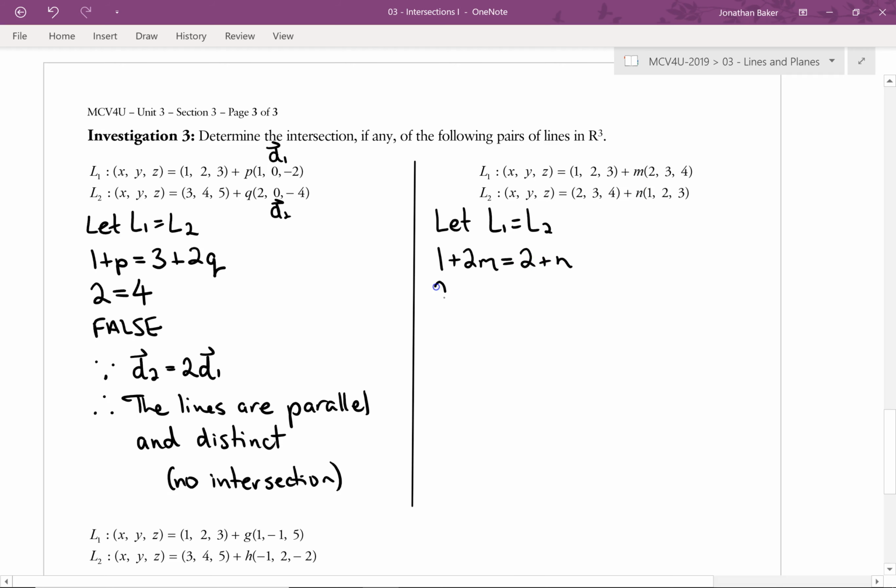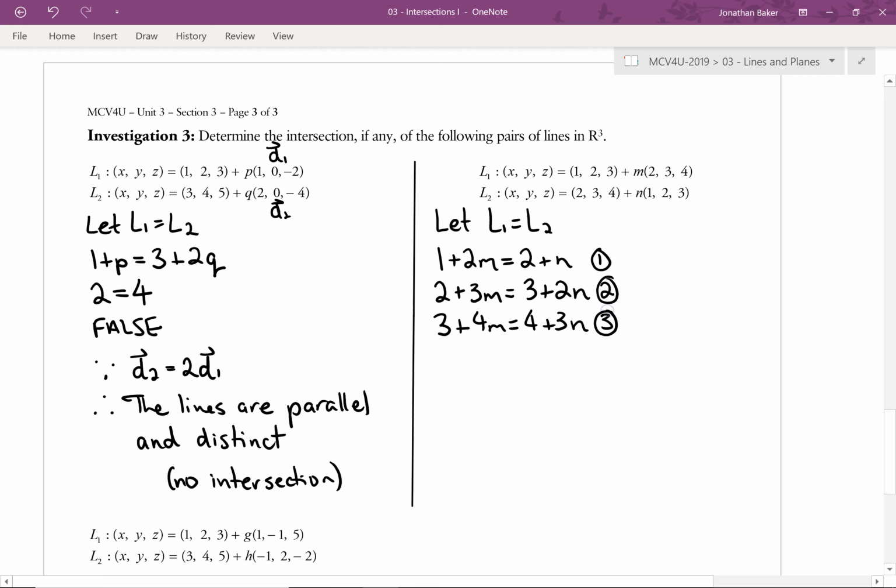And then for our y's, 2 plus 3m equals 3 plus 2n. And then we're going to get 3 plus 4m is equal to 4 plus 3n. Let's call these 1, 2, and 3.